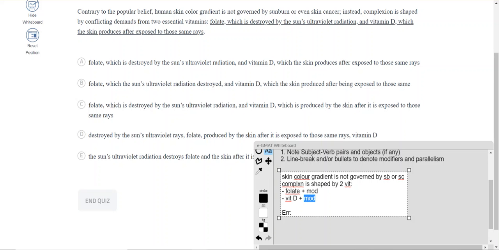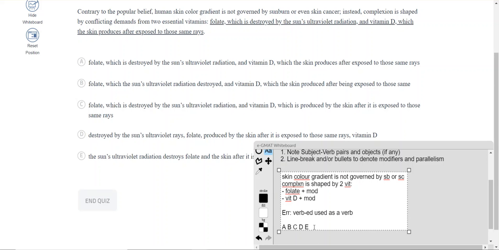Now exposed here is used as a verb. It's supposed to be a verb, but actually is a verb-ed form. Now that's the error. So verb-ed used as a verb, that would be the error in the sentence. We actually want a verb there. And this is the error we want to address when we look at the other options.